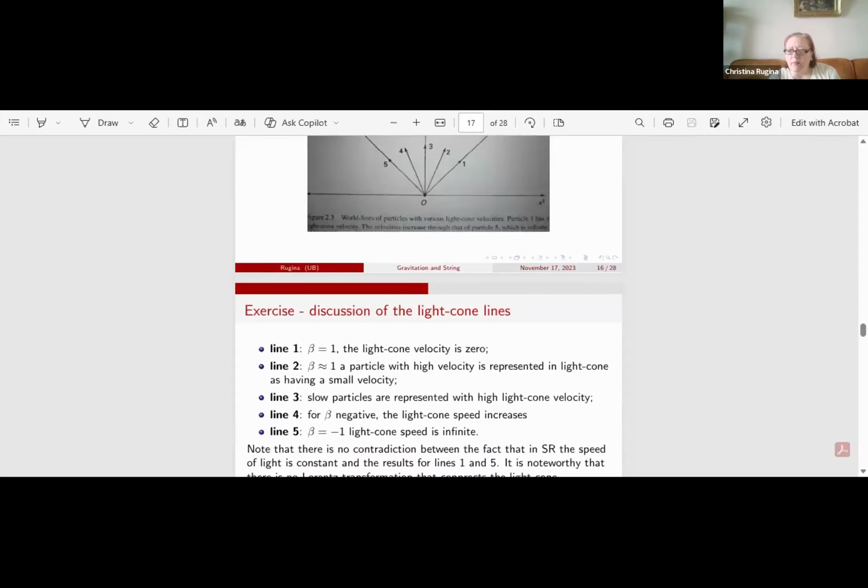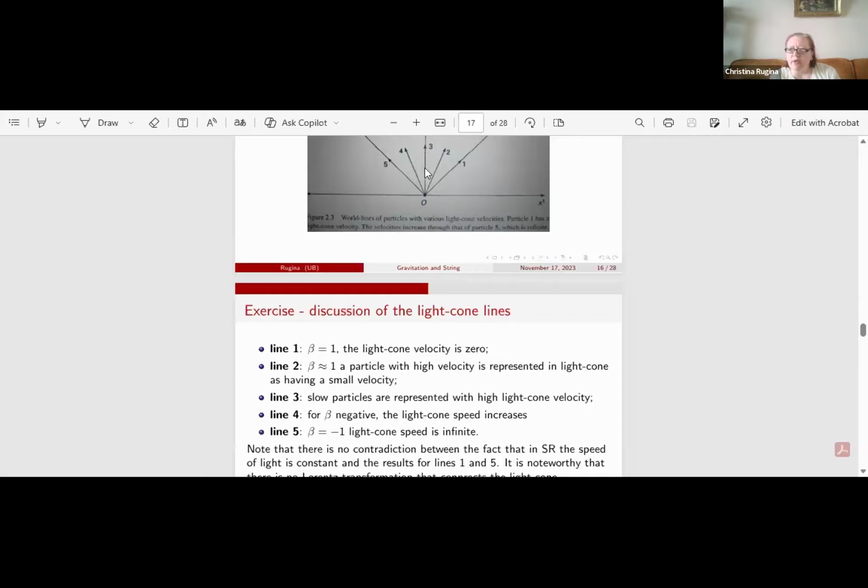And line 4 is a negative beta. The light cone speed increases, and line 5 beta is -1. Obviously, this is beta +1. It's like the Minkowski cone, only in the light cone coordinates.